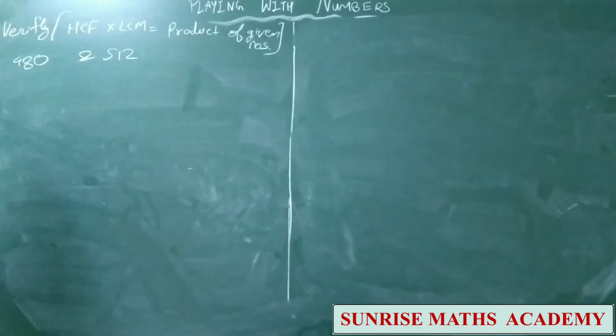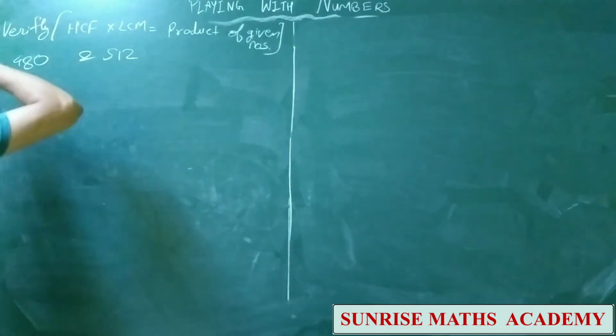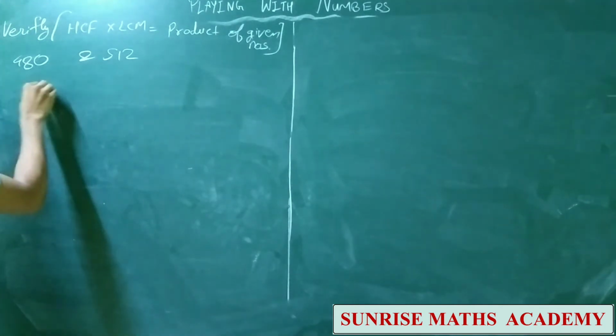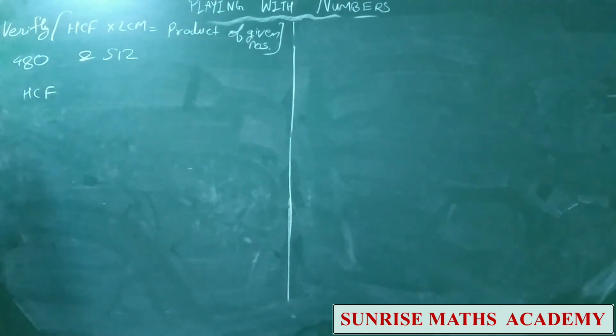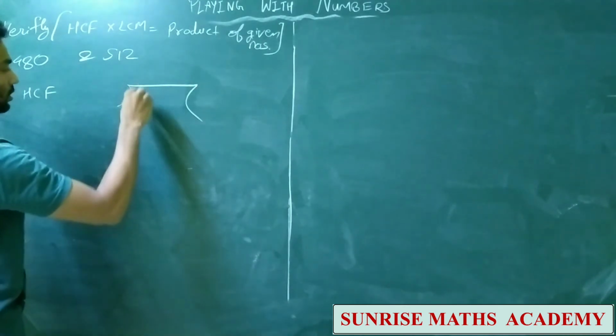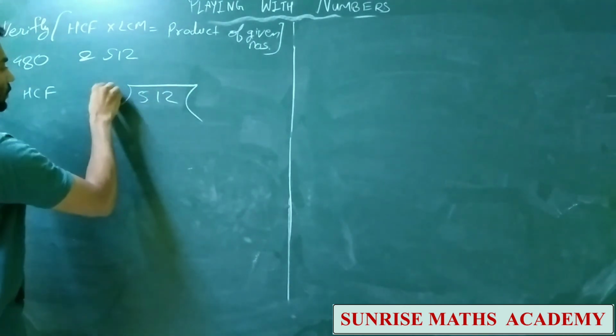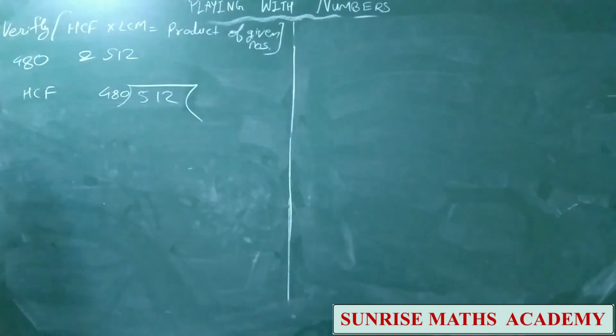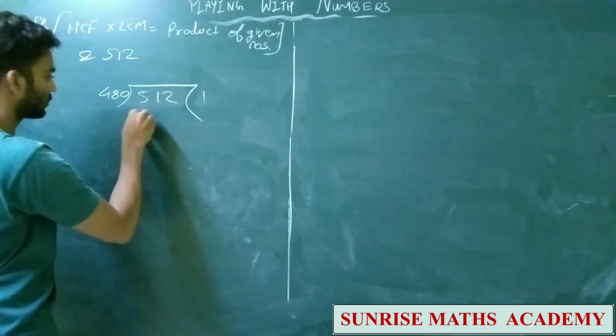Next numbers we have 480 and 512. So HCF, again we can use the prime factorization or we can use the common division method. Sorry, long division method. 512 divided by 480, one side is 480.